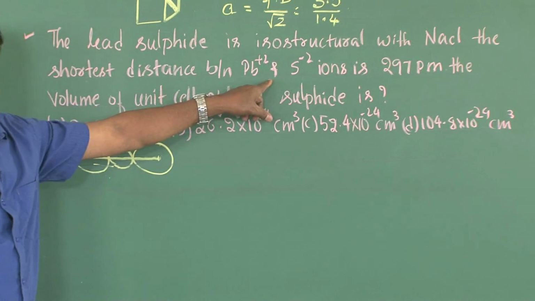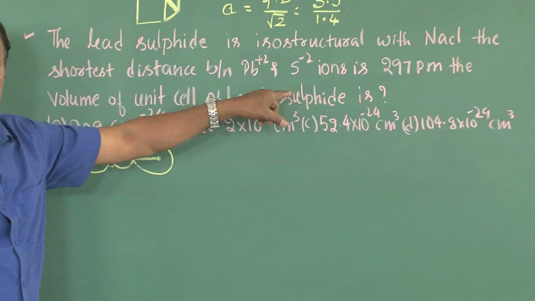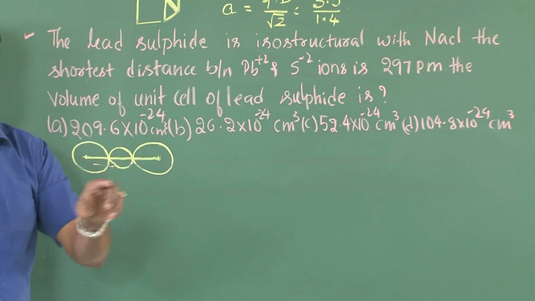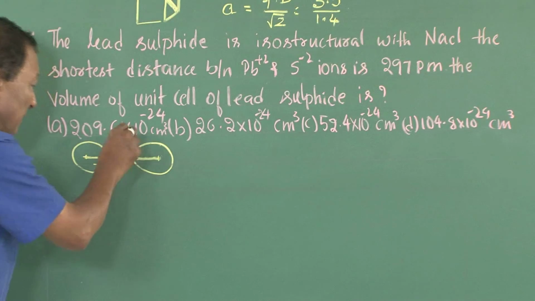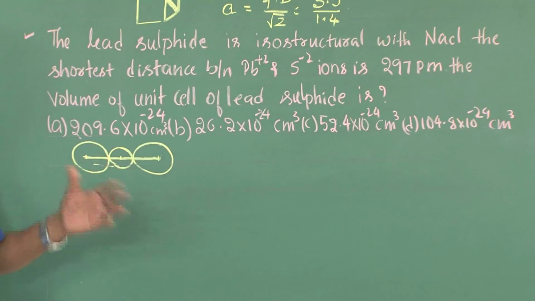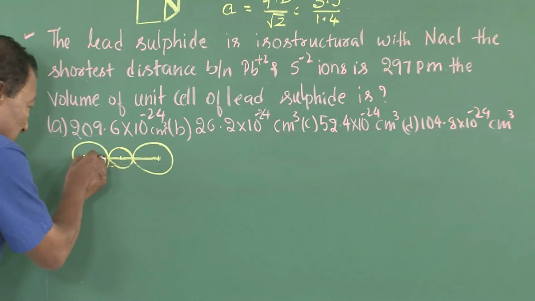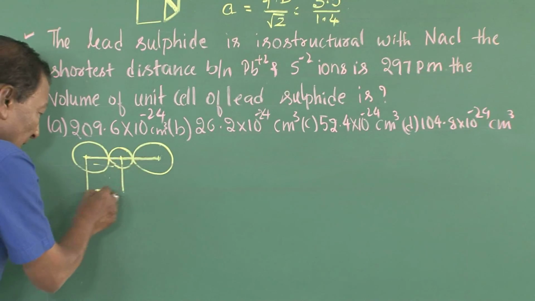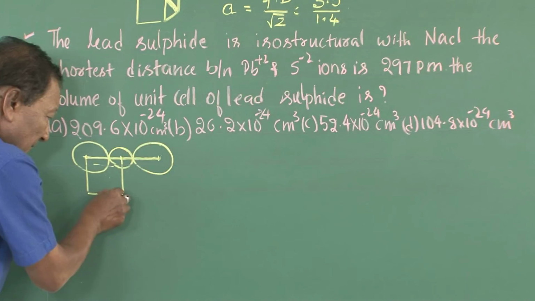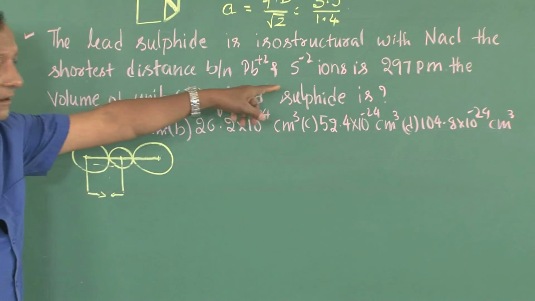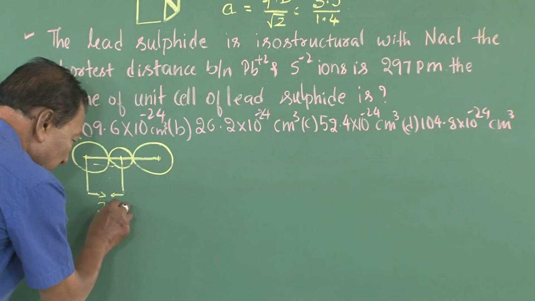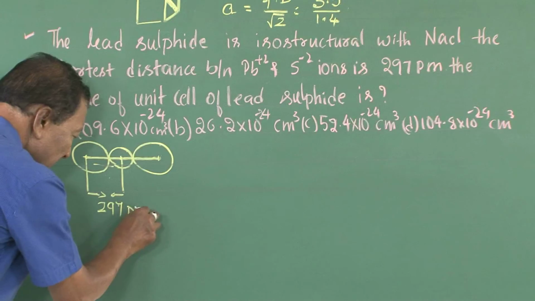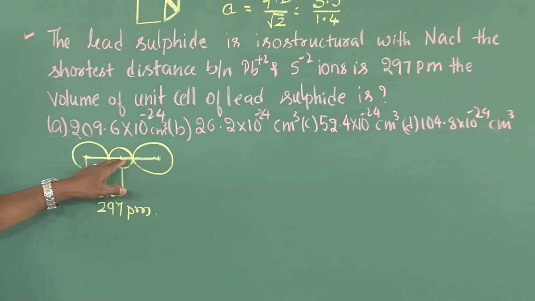The supplied information is the shortest distance between the Pb+2 and S-2, that means the positive and negative ions. It is the positive ion at the center and the negative ion on either side. The shortest distance we get here, and this shortest distance is 297 picometer in lead sulphide between the Pb+2 and S-2.